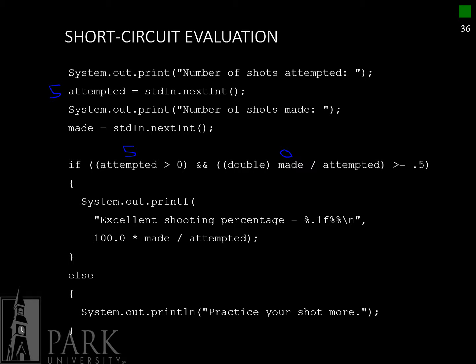If attempted was 0 and we didn't have this check first, it would try to divide by 0, and you can't have that. It'll give you an error, because you have it here and you have it down here. That would give you another divide by 0 error. So by putting attempted greater than 0 first, we avoid that problem, making sure that we're not executing the rest of the code or trying to do some divide by 0 operation.